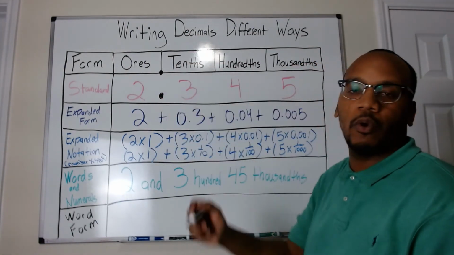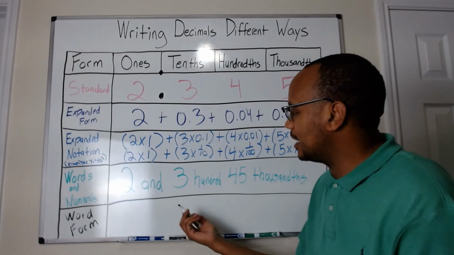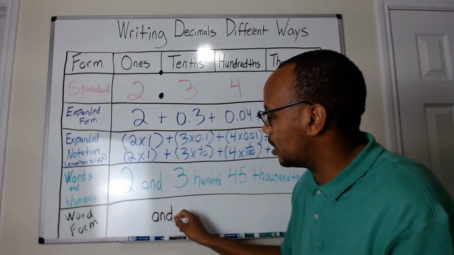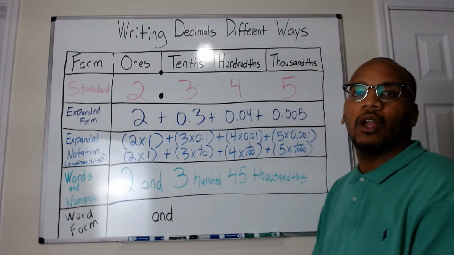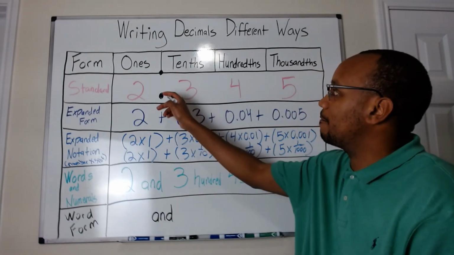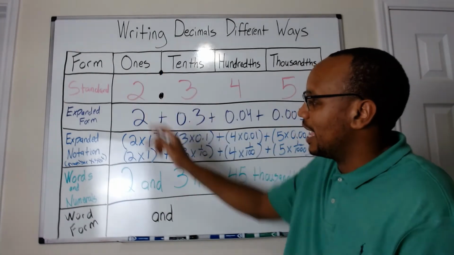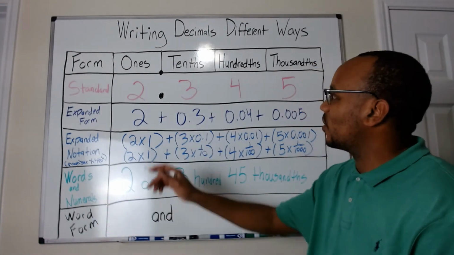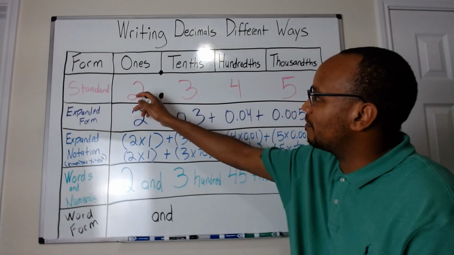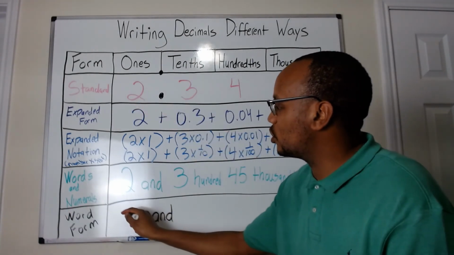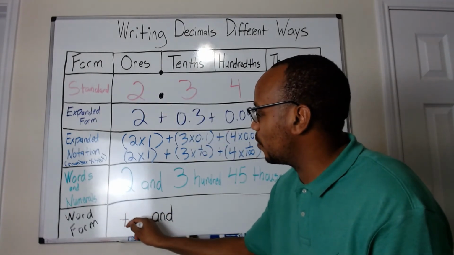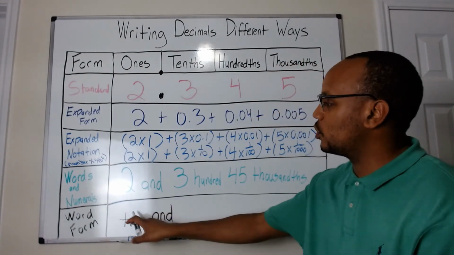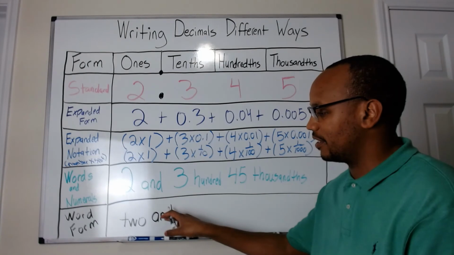So the decimal point is important because the decimal point means and, which means whatever's in front of the decimal point is in front of the word and. So if 2 is in front of the decimal point, then that means 2 is in front of the word and. Right? So far you have 2 and.